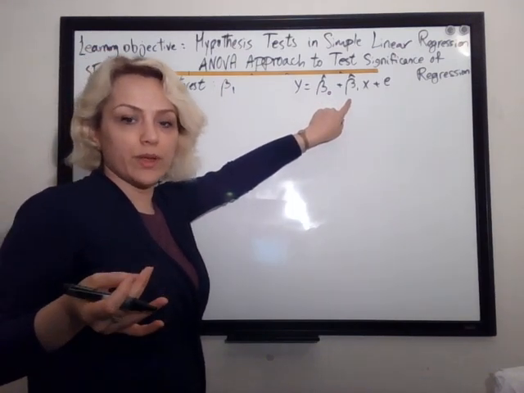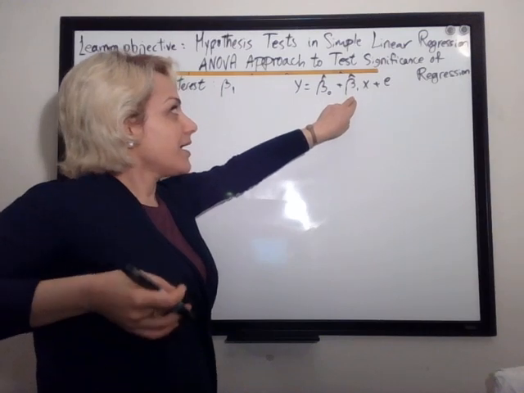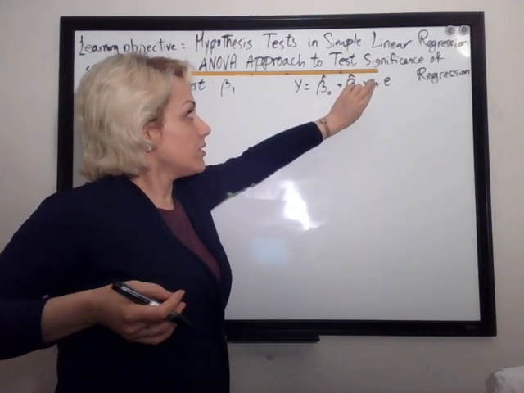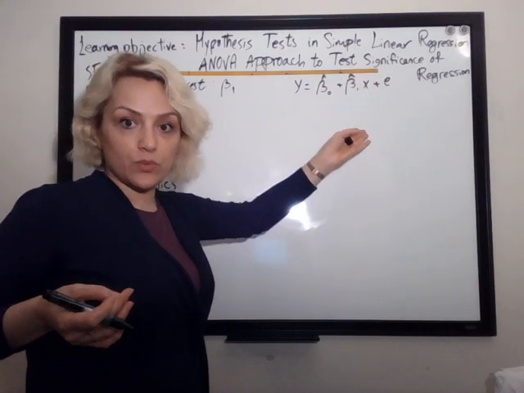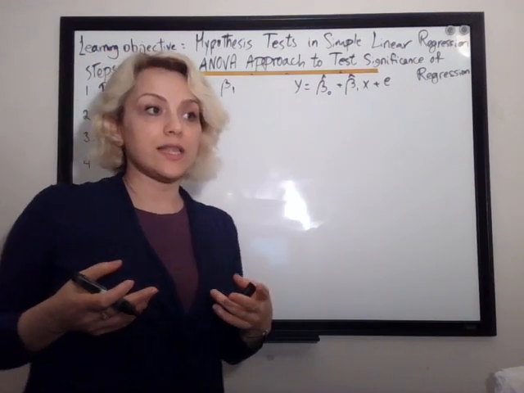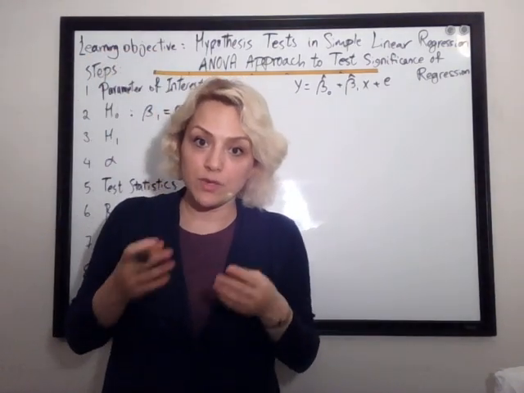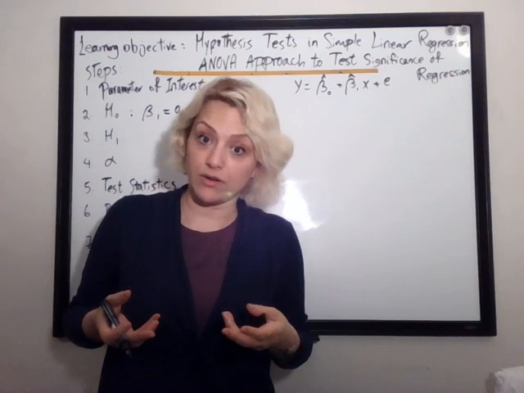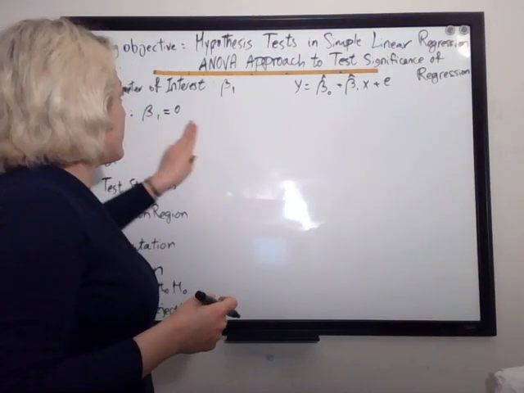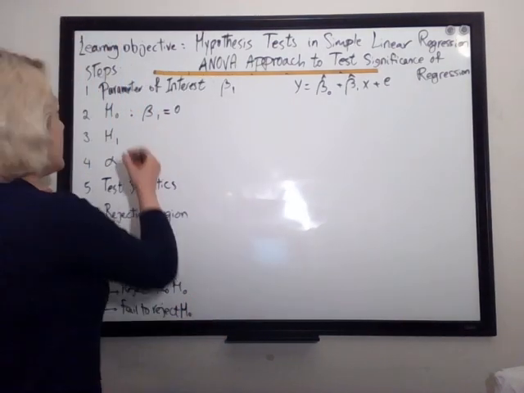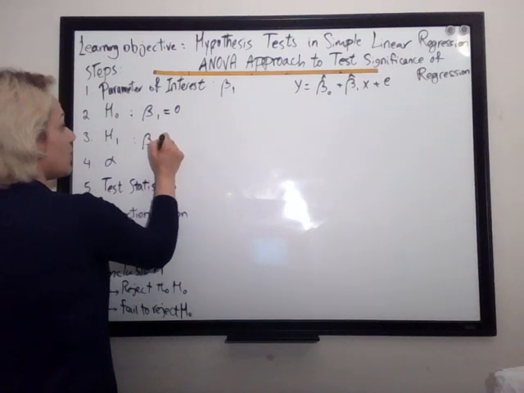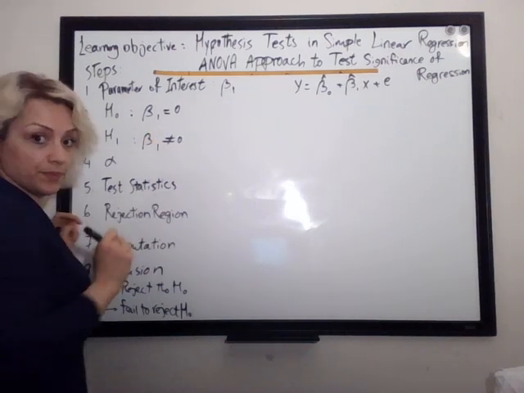We can't find the relation between y and x. In fact, we can't say that the relation between y and x is linear. The alternative hypothesis is beta 1 is not equal to 0.